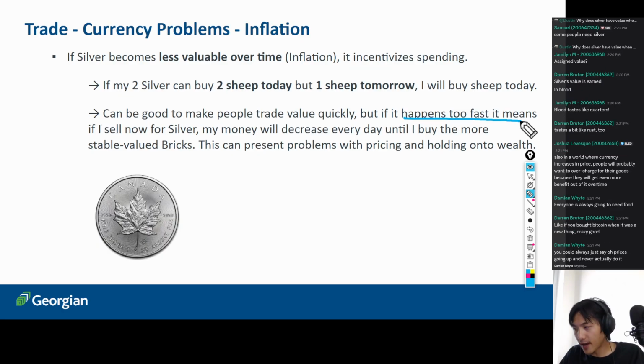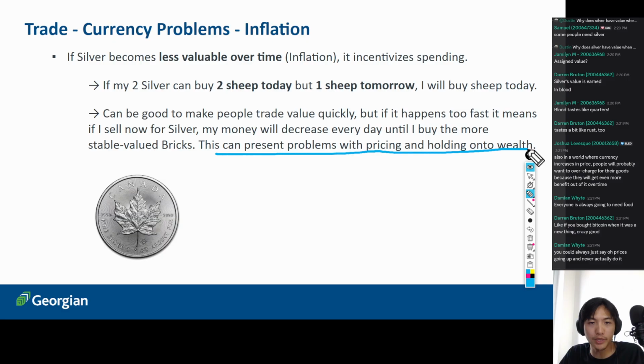If it happens too fast, then we have problems. If it happens too fast, then I can't hold on to wealth, right? Then it makes problems holding on to any value in terms of my currency, and I don't have faith in that currency anymore.